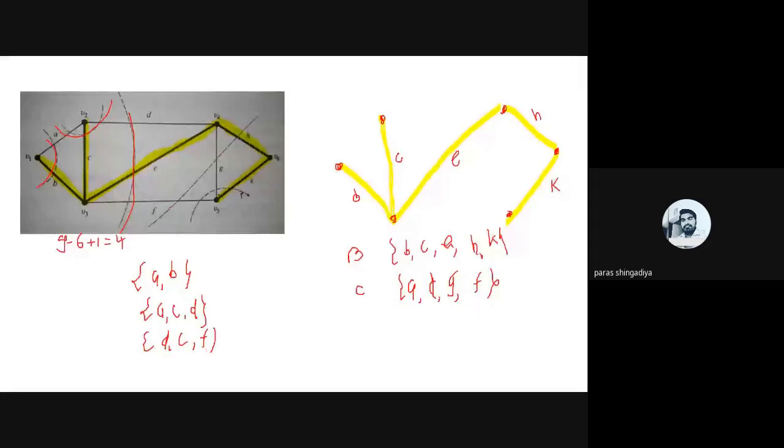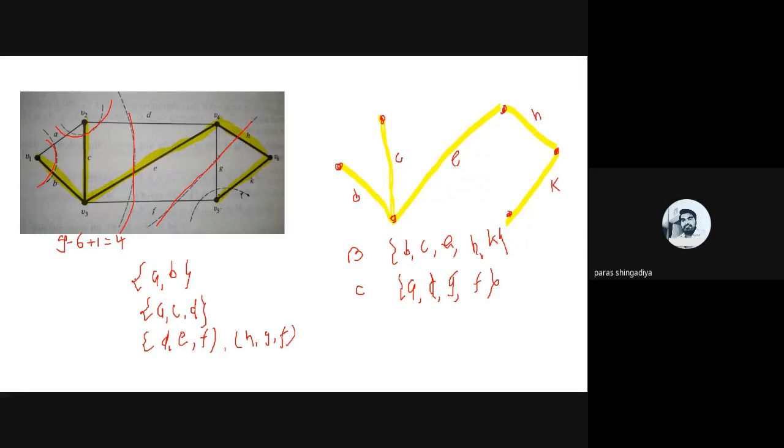And why is it a fundamental cut set? Because E is a branch and D and F are chords. Okay. Next example you can consider HGF, where H is a branch and G and F are chords. So it is the fourth example.